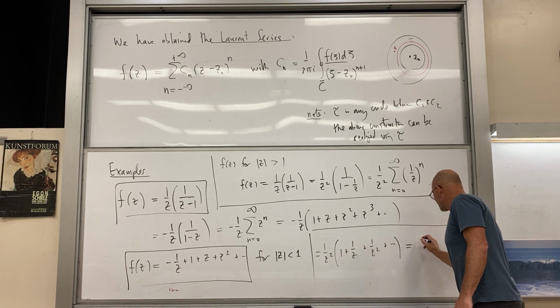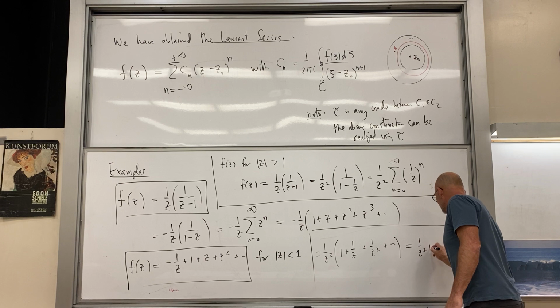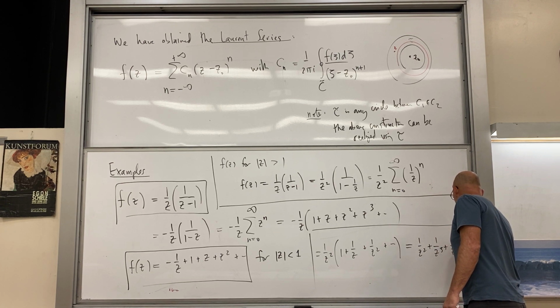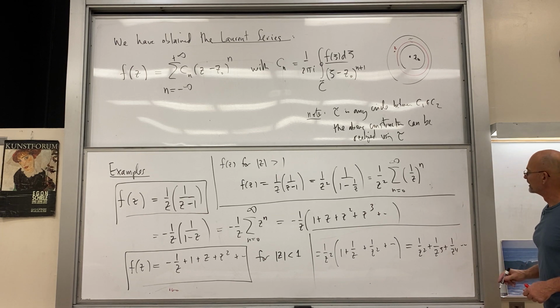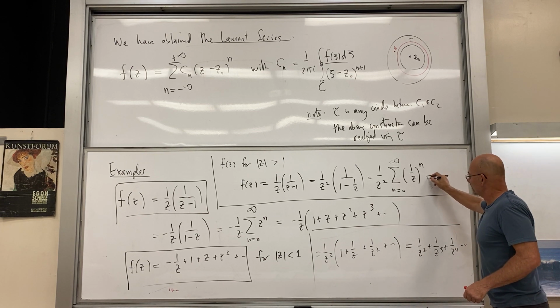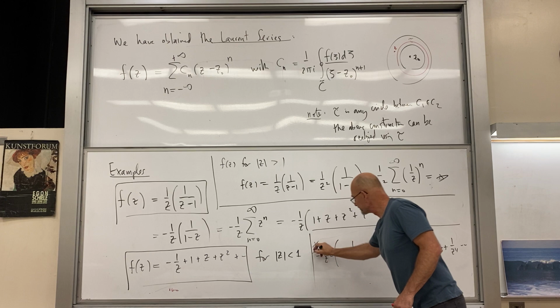And that gives us 1 over z squared plus 1 over z cubed, and so forth. Okay, so make sure we put these together here.